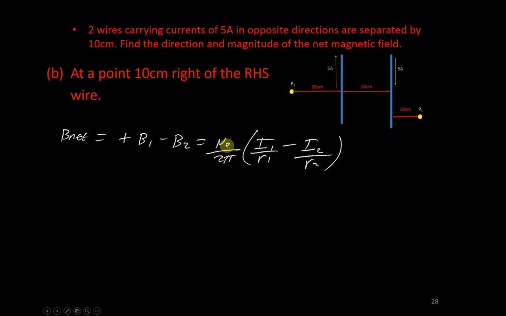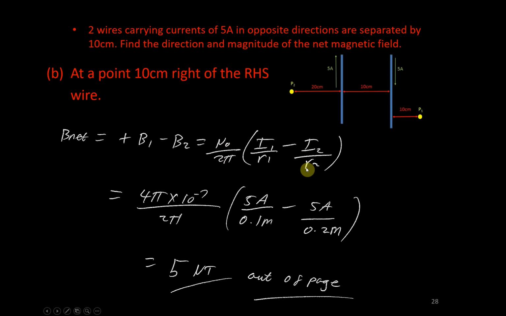That means we now have mu 0 over 2 pi times I1 over R1 minus I2 over R2. That'll give us 4 pi times 10 to the minus 7, our constant, remember, over 2 pi. This is 5 amps over 0.1, so 5 amps over 10 centimeters. Now this distance is 20 centimeters, or 0.2 meters.